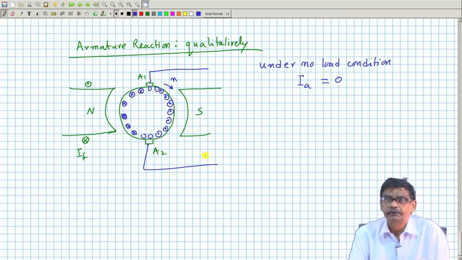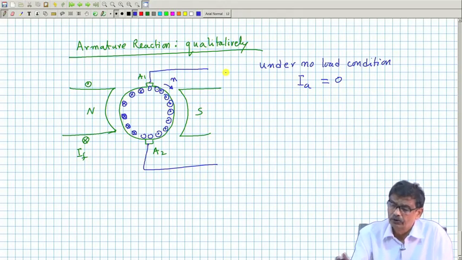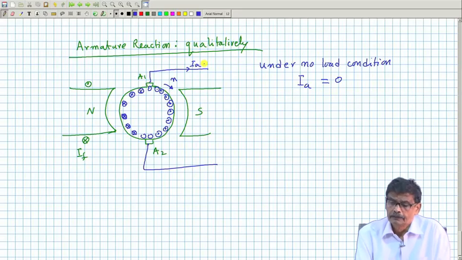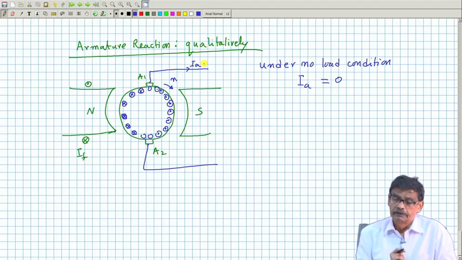Armature will carry current when you connect some load, otherwise it may carry very little current, it does not matter. But generally, no load condition means I_A is 0. So, this will be the situation.